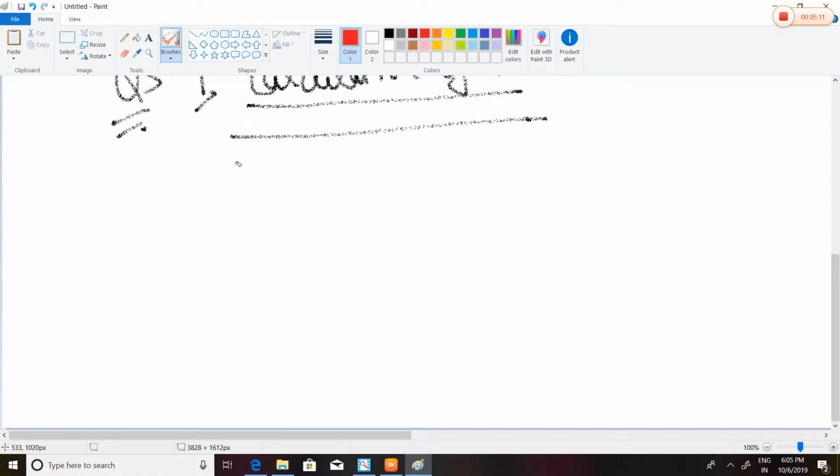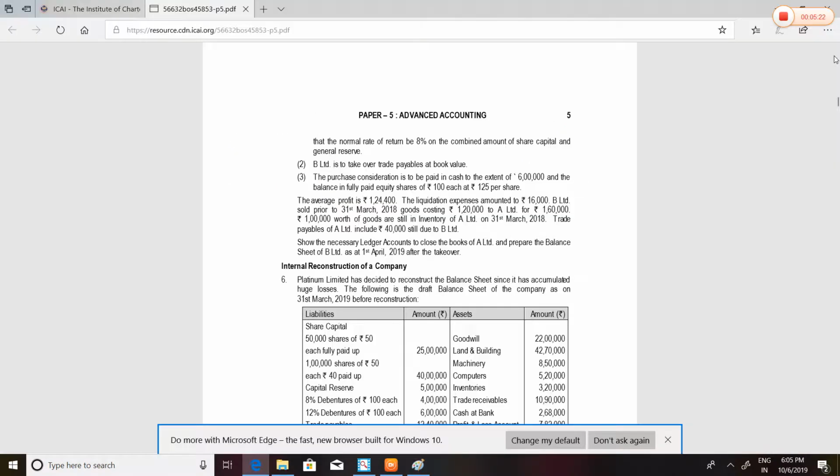Firstly, building 3,06,000. Now you can just look for the amount: 3,40,000 minus 10%, 3,06,000. Then I hope the question is before you. Machinery 5,76,000.